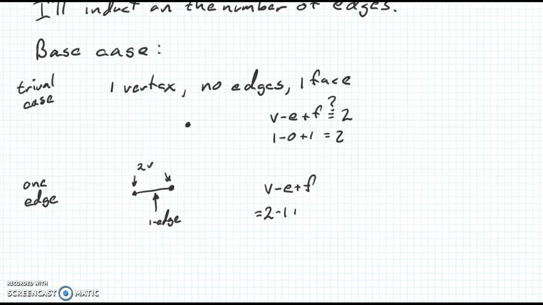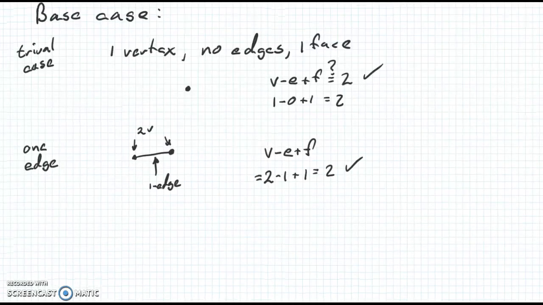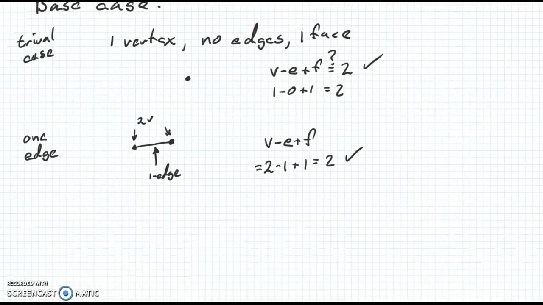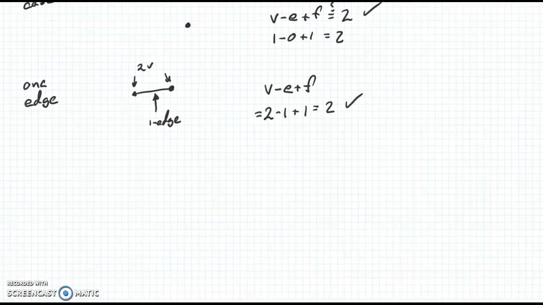There's one edge, and one face. So that's 2 minus 1 plus 1 is 2, so check. Should have a check mark there. And this actual one edge example sort of, in a way, shows why it's true. But you'll see more here in a second.